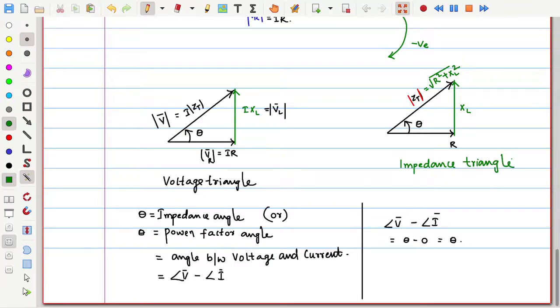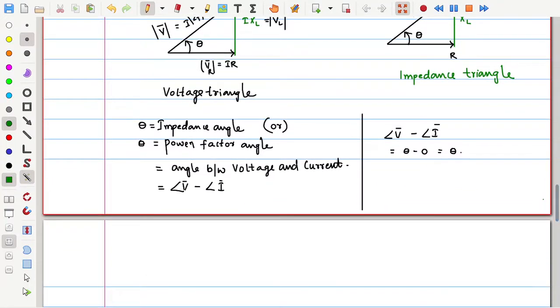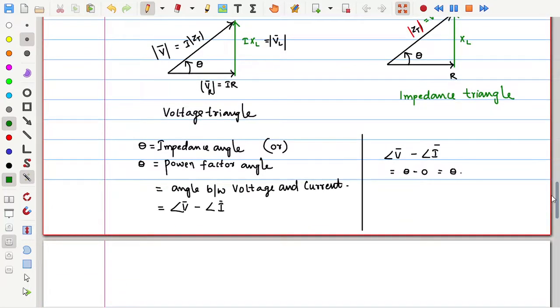From these two triangles we can make many conclusions. The power factor angle theta can be written in many ways. From the voltage triangle, theta is tan inverse of opposite side by adjacent side, which is VL magnitude divided by VR magnitude.